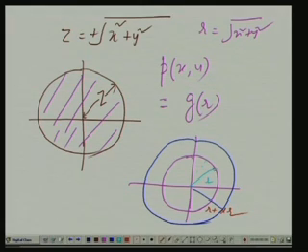Now, what is the probability of z falling, that is, the probability of the x comma y pair falling in this zone? That means, small z taking values between r and r plus dr. What is the probability?